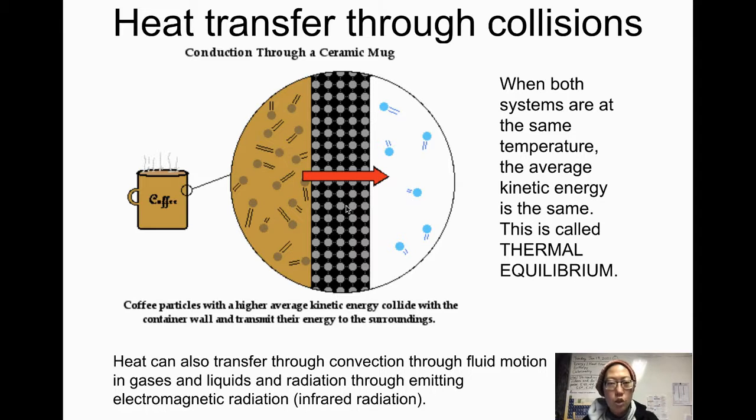Transferring kinetic energy to the mug, and then further transferring the kinetic energy that is gained by the mug into the colliding air particles, the air molecules and atoms here. So eventually the heat will conduct from the coffee out into the surrounding air until everything is the same temperature.